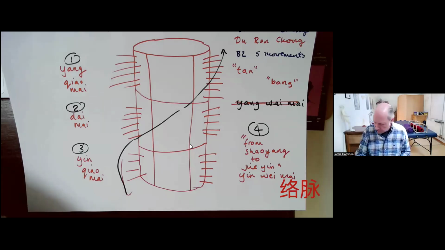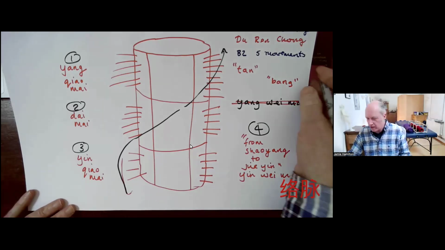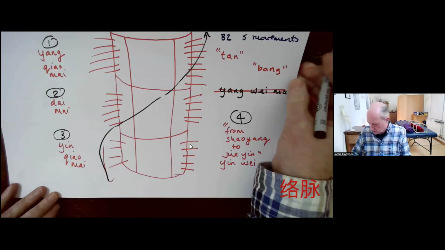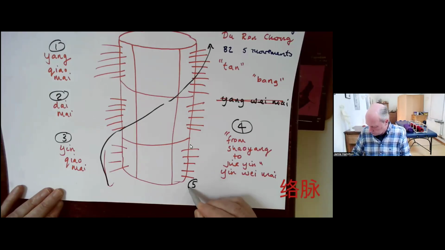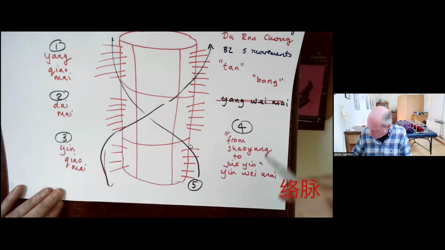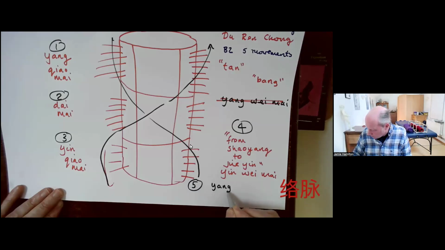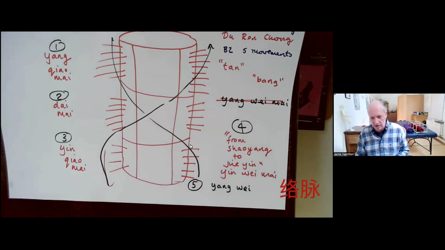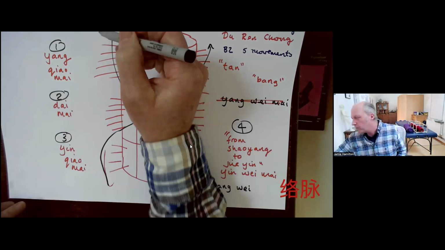And number 5, got to draw it somewhere. I've run out of room, but it says it goes the other way for Yang Wei. And this says exactly the opposite. And remember this map that we've got here.